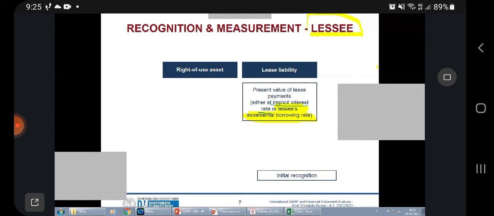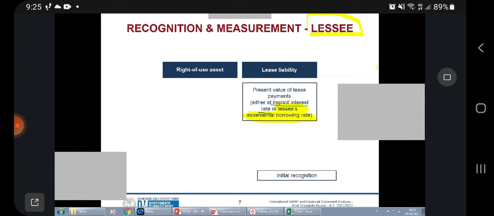I repeat again. The interest rate that a company has to pay on borrowings depends on the credit risk of the company. Do you agree? If the company has a lot of financial debts, its risk is very high, and so also the interest rate. So the starting point is the actual cost of borrowing, the actual interest rate that the company is paying on borrowing.